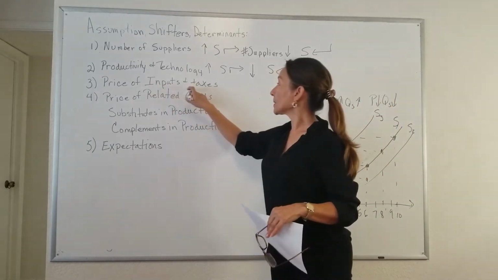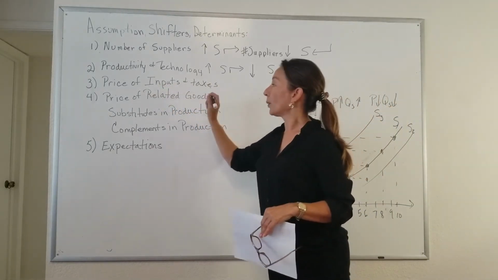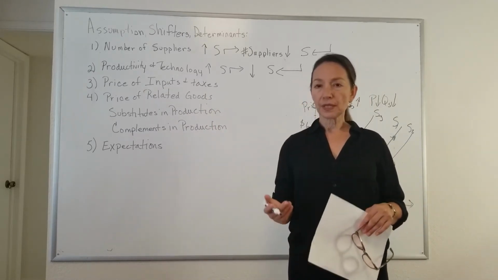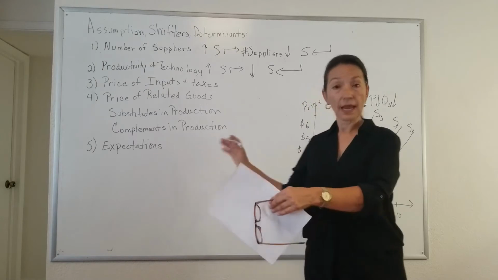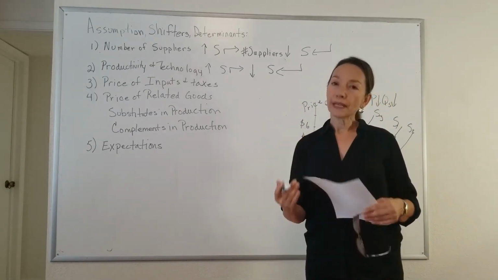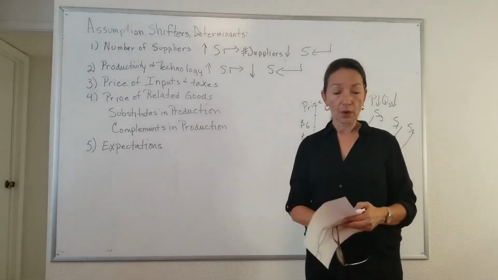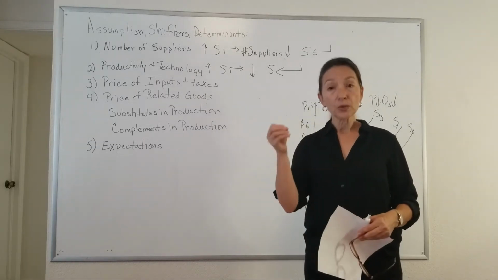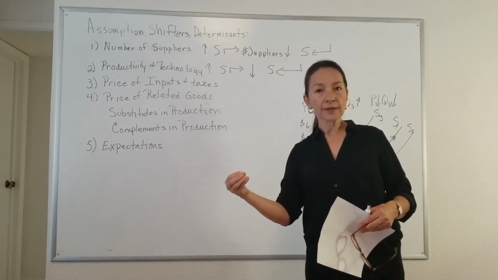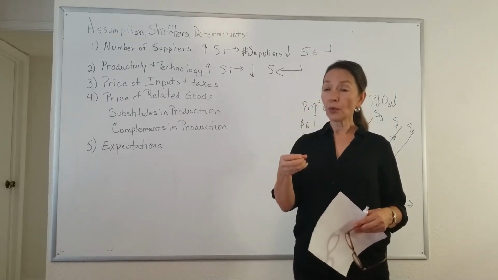Price of inputs and taxes. Okay, so this is important. Businesses produce things. So if I'm going to produce ice cream, let's say I'm on the seller side now, selling ice cream, well, what are the inputs? The inputs are the butter fat used to make the ice cream, sugar, flavorings, perhaps the cone.